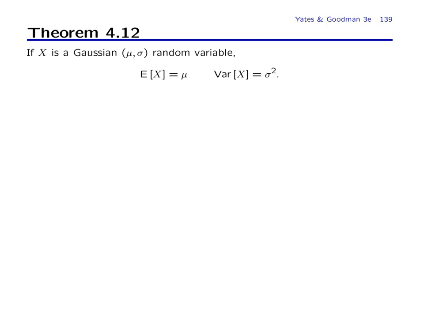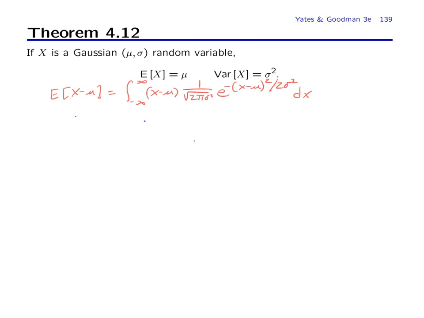So for example, if we want to show that the expected value is mu, we evaluate the integral E of x minus mu, which is equal to the integral from minus infinity to infinity of x minus mu, times 1 over root 2 pi sigma squared, e to the minus x minus mu squared over 2 sigma squared, dx.